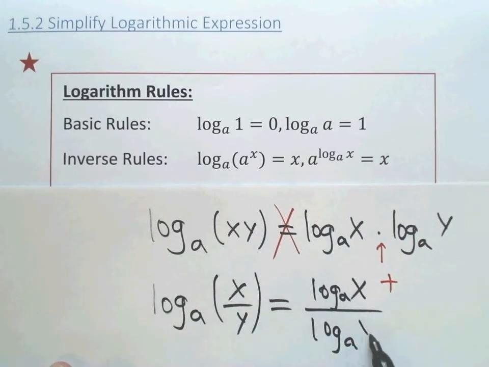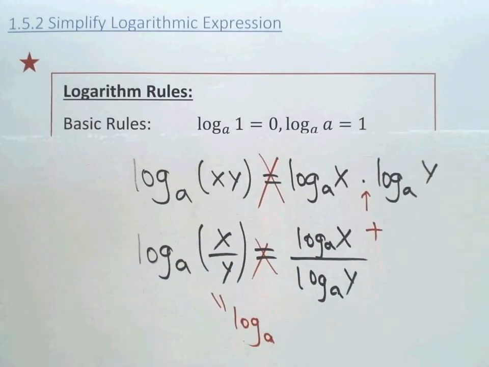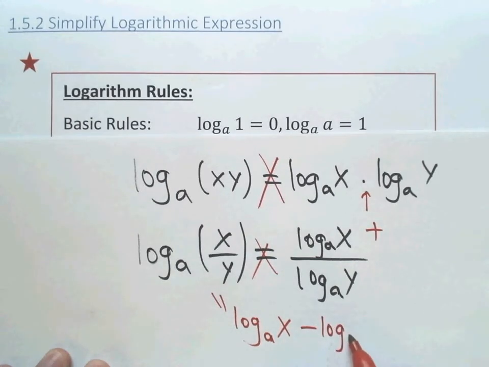Do you think this is correct? No, this is wrong. It should be the subtraction, the difference between log base A of x and log base A of y. This is correct. That's wrong.